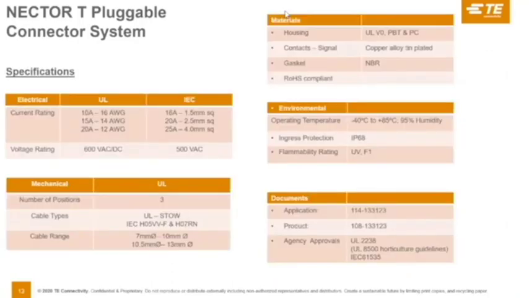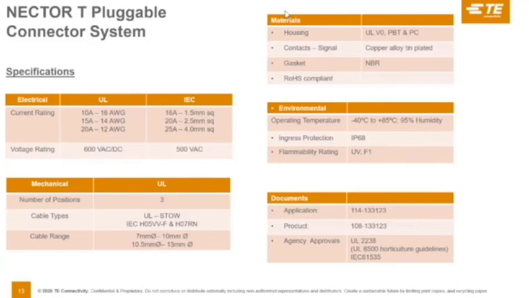These products also have specifications that are conducive for the applications that they find themselves. Wherein the Nector S product line was a 6.7 amp interconnect solution, this product carries a higher current and also uses larger gauge wires because a lot of these products are used in structured type environments.